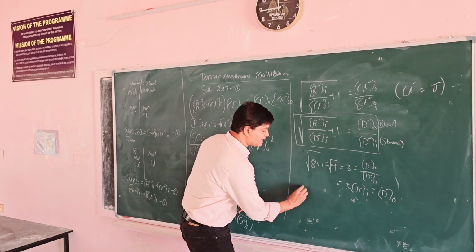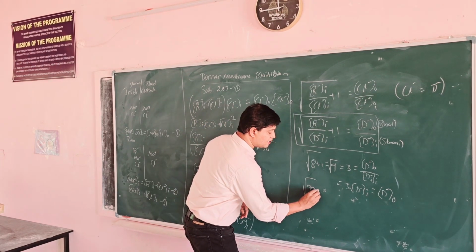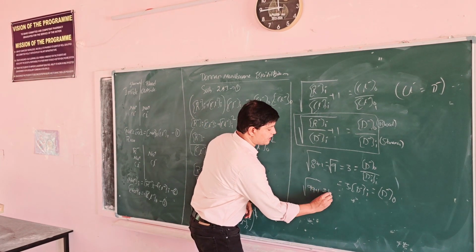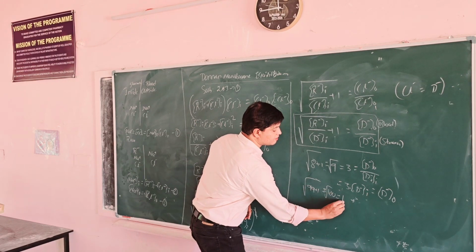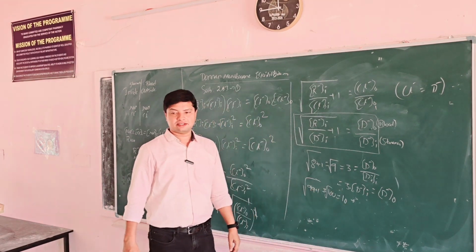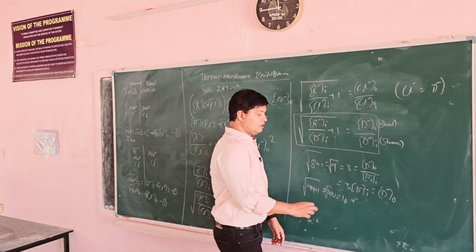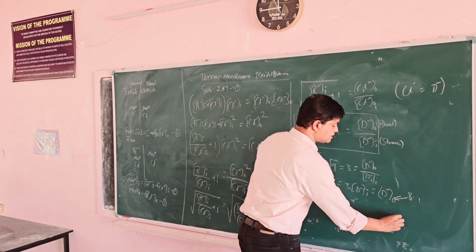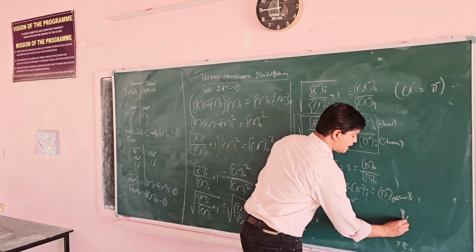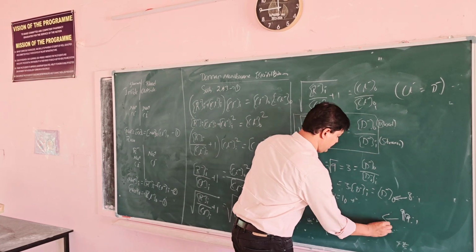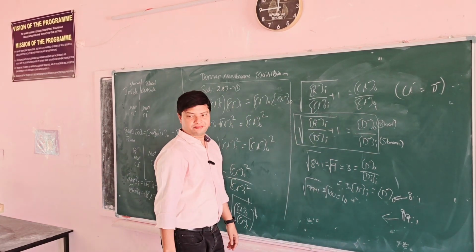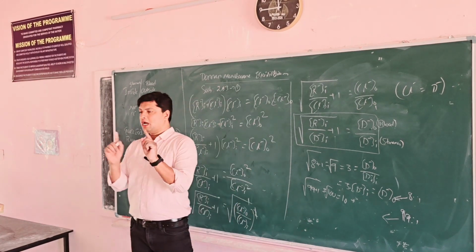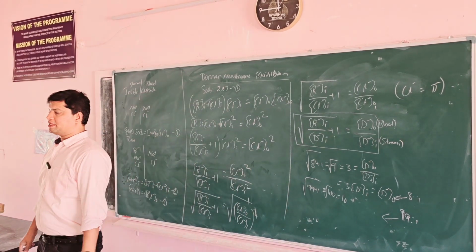If I take 99 to 1, I'll get square root of 100, which is 10 times. So 8 to 1 will be 3 times, and 99 to 1 will be 10 times. That is what the Donnan membrane equilibrium tells us.